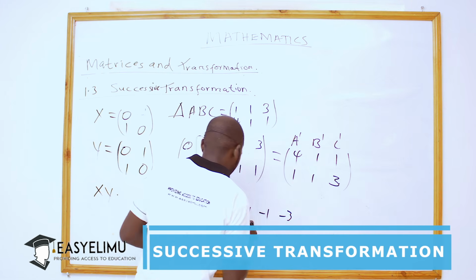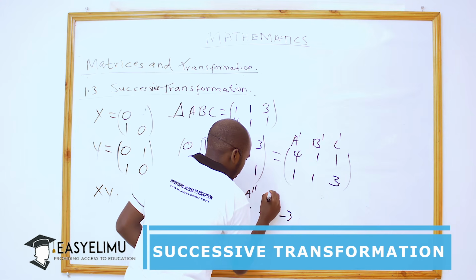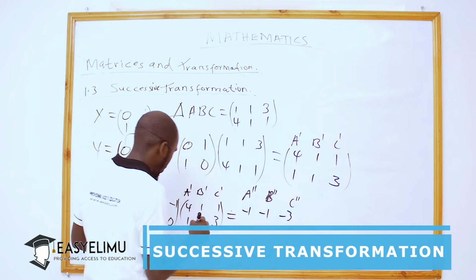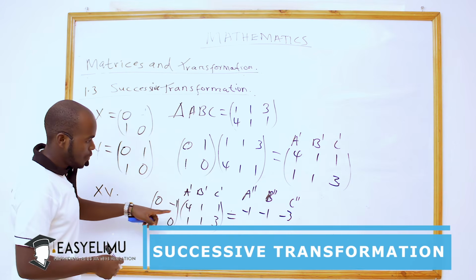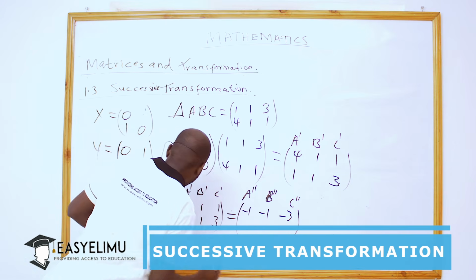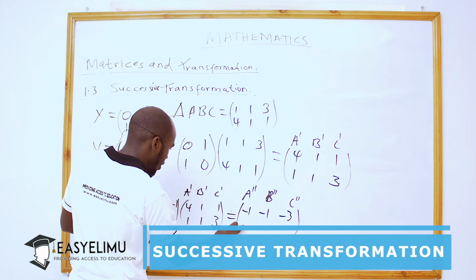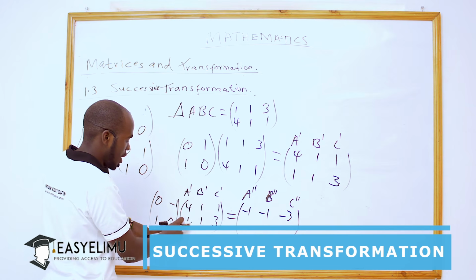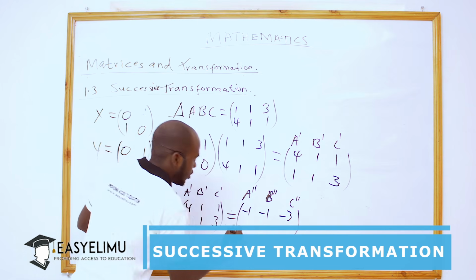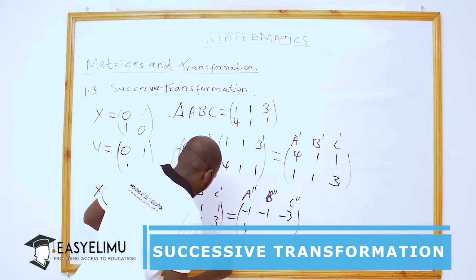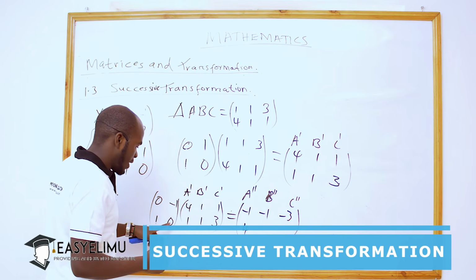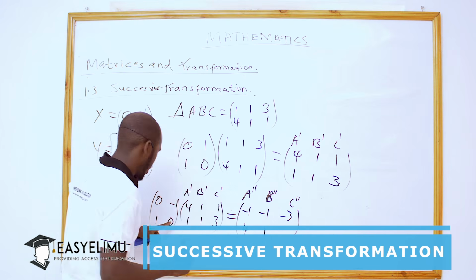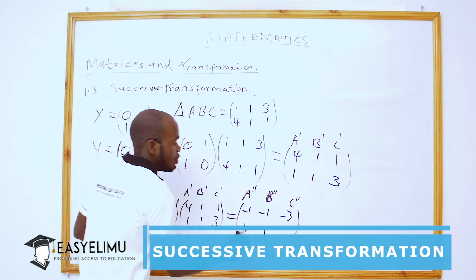-3. And this is now A2 prime, B2 prime, and C2 prime. If we need the coordinates here, it will be 1 by 4 and 0 by 1, 1, 4, it will be 4 plus 0, 4. 1 by 1 plus 0 by 1, we get 1. 1 by 3 plus 0, you get 1.